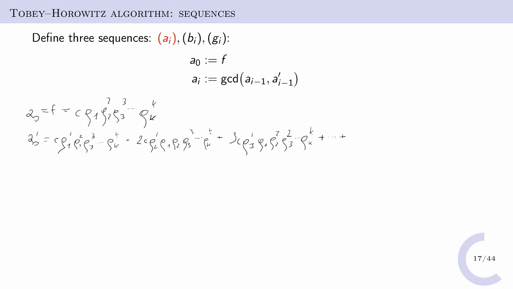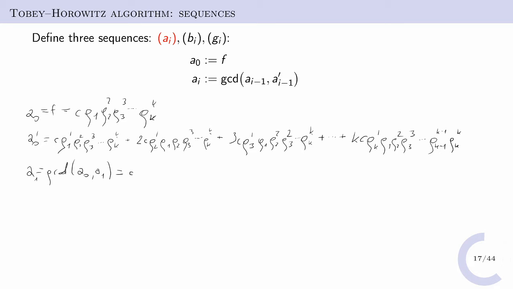The last term is k times c times gk prime times g1 times g2 square times g3 cube, and so on, g(k-1) to the power k-1 times gk to the power k. And now a1 is the greatest common divisor of a0 and a0 prime. Okay, the constant c appears everywhere, and so we don't care about it, we just rewrite it.